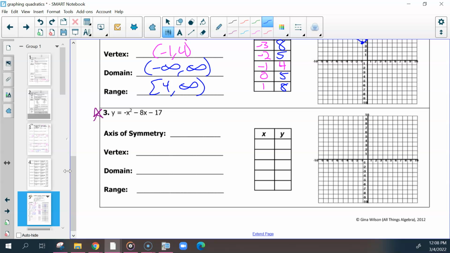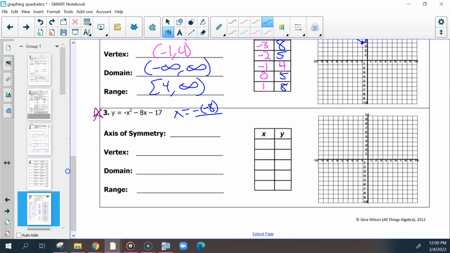So for number 3, we're going to start doing the same process. We would have x equals negative 8.